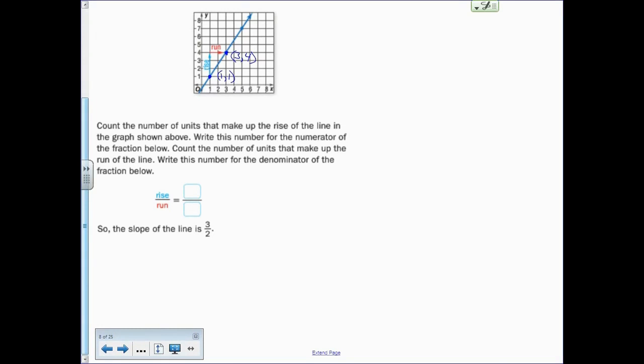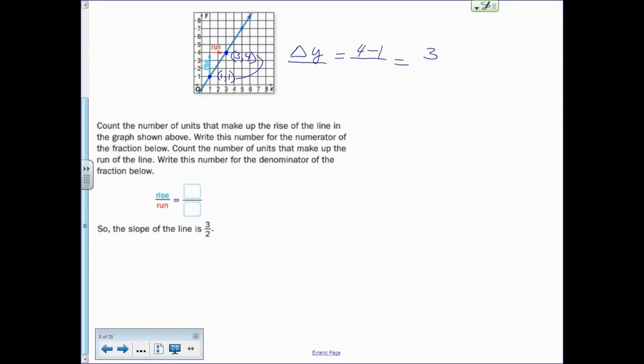It goes from 1 up to 4. The second number is the change in y. So we would say the change in y is equal to 4 minus 1, so the change in y is 3.